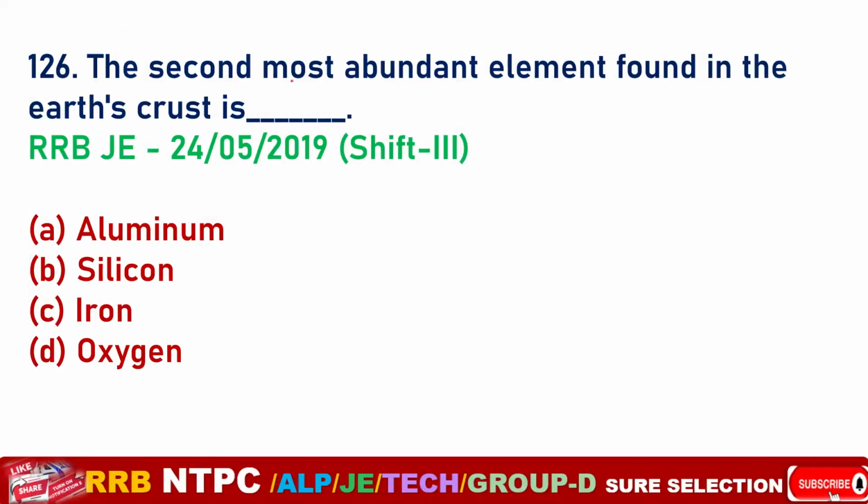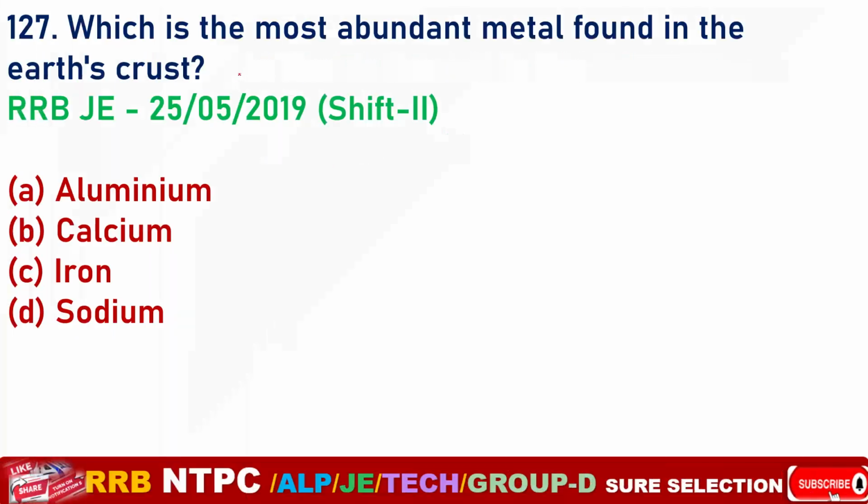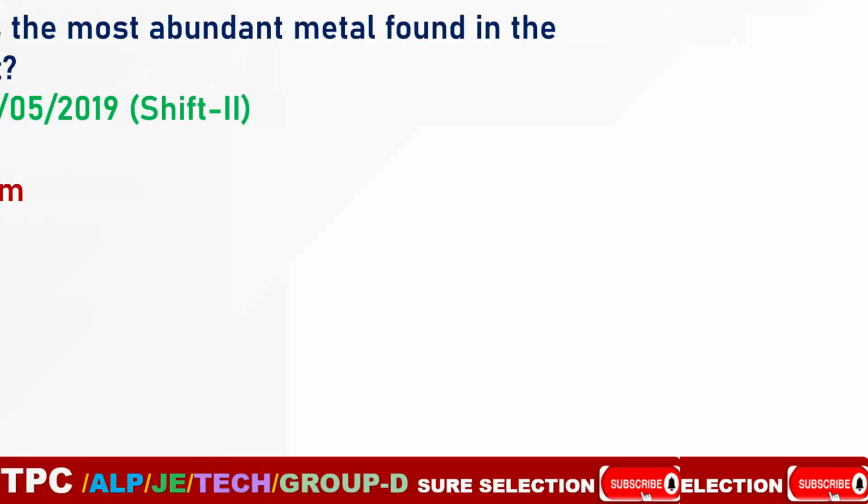The second most abundant element found in the earth's crust is which element? That is silicon. The most abundant metal found in the earth? Everyone knows that, aluminum.